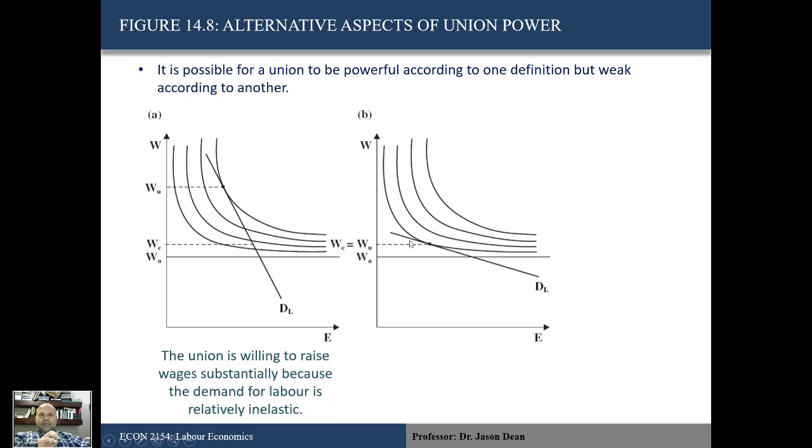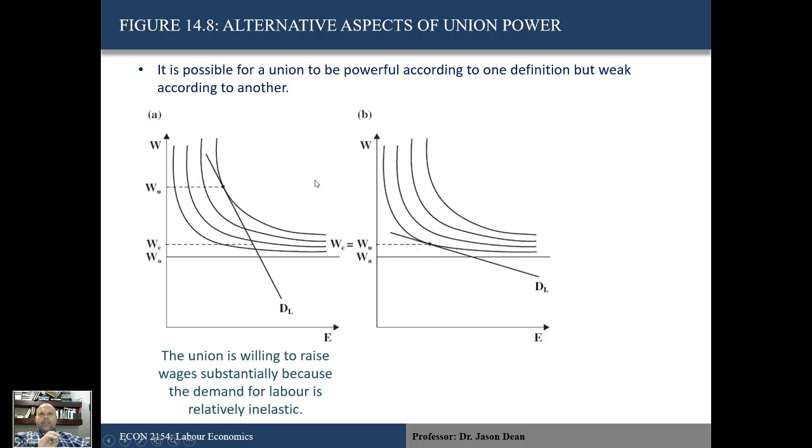And so given this elastic demand for labor curve, the union would prefer this point here. They would prefer to have the wage just slightly above the alternative wage. If it goes too high, they're going to be losing a lot of employment. So this would be their optimum.